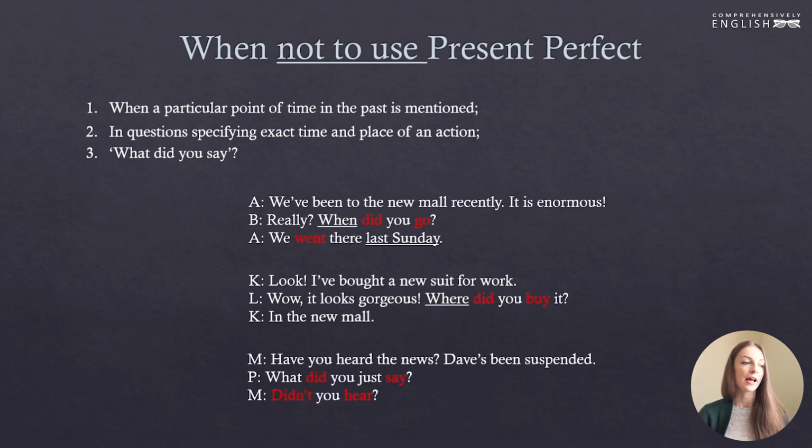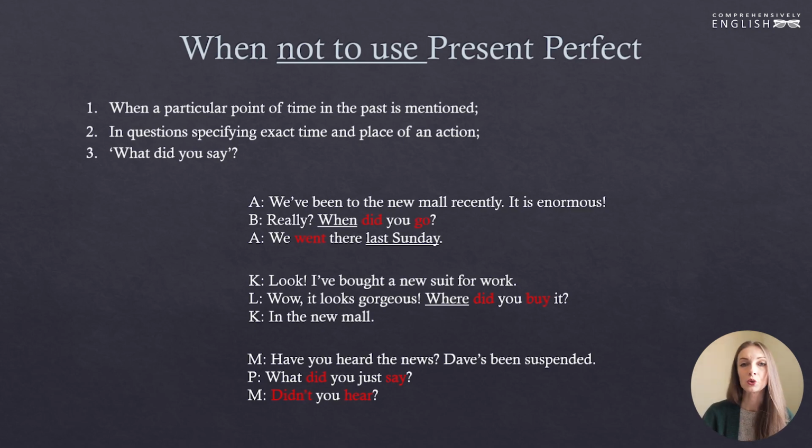Another dialogue. Have you heard the news? Dave's been suspended. What did you just say? Didn't you hear? The first sentence uses the present perfect tense, which is obvious. That's a piece of news we want to share with a friend or whoever. But the second and the third line use the past simple tense, though we are obviously talking about something that has just happened. Why do we use the past simple tense?